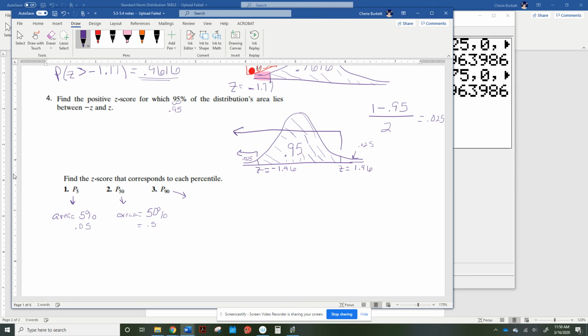And this is telling me that the cumulative area, and again, we're talking about the area to the left, is 90%, which is 0.9. And you would just look up 5% on StatCrunch, or you look at 5% on the table, or you type in 5% on the calculator. So that's what those are.